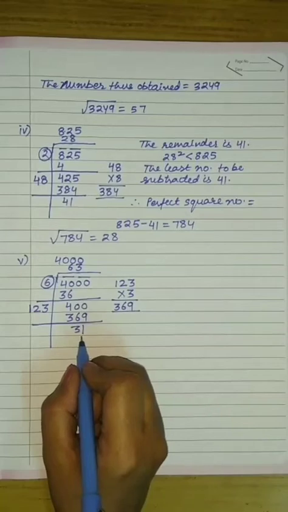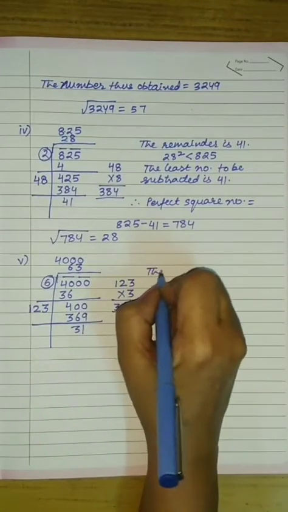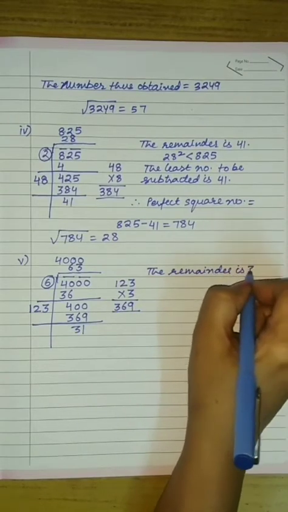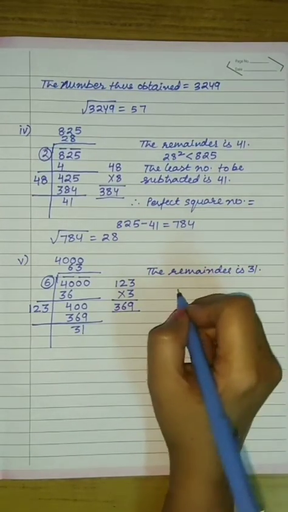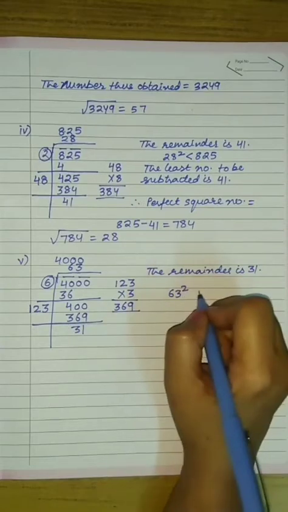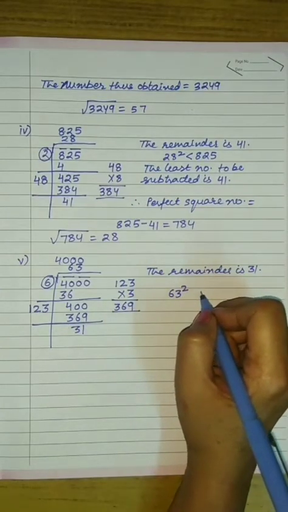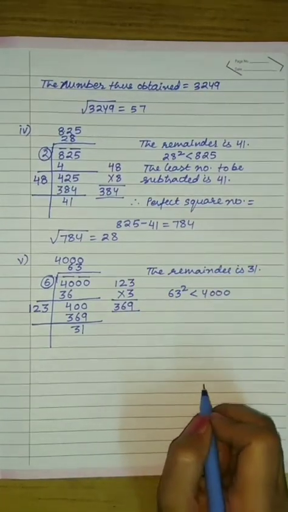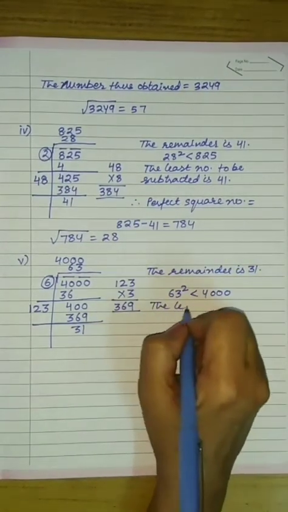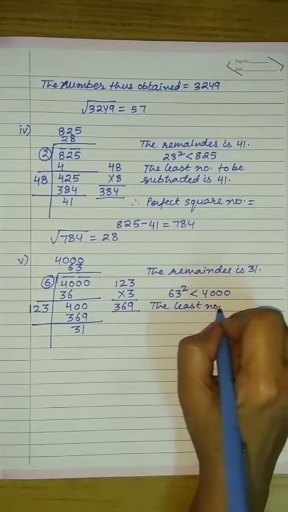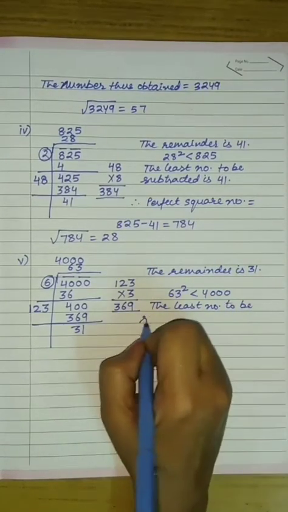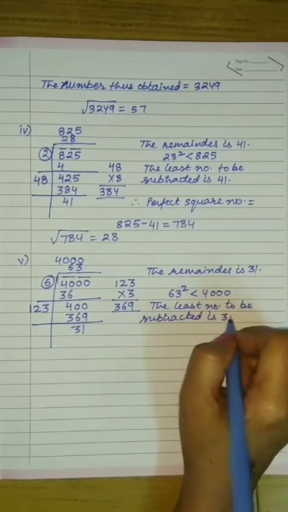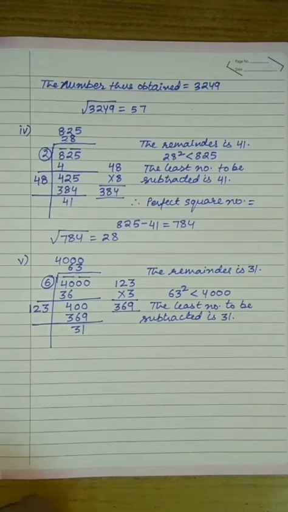Now the remainder is 31, so we will write the remainder is 31. It means the given number is not a perfect square, so 63 square is less than the given number, that is 4000. So the least number to be subtracted is the remainder, that is 31.